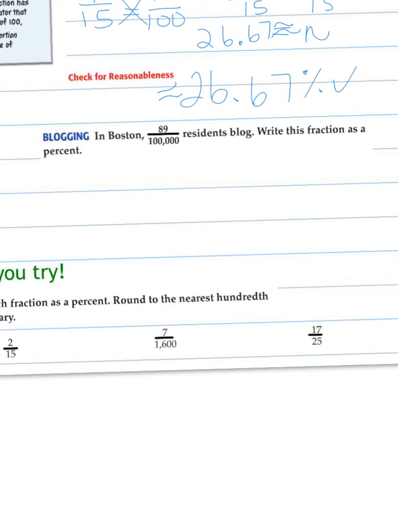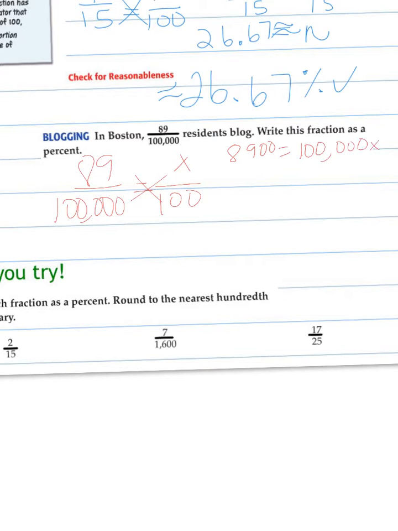Next one, in Boston, 89 out of 100,000 residents blog. Write this fraction as a percent. So 89 over 100,000. Again, we would want to set up a proportion, and we want a percent, which is out of 100, and we need to know what that would be. Do your cross multiplication. 100 times 89 is 8,900. 100,000 times x is 100,000x.